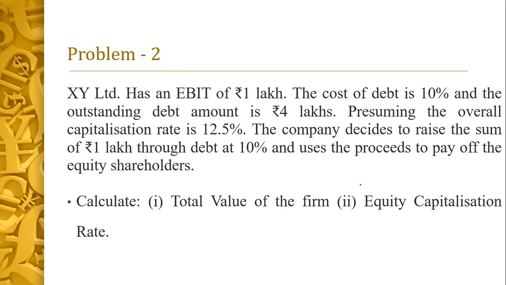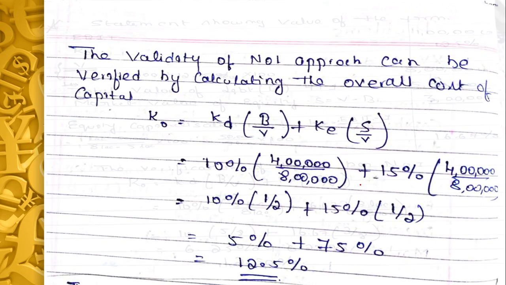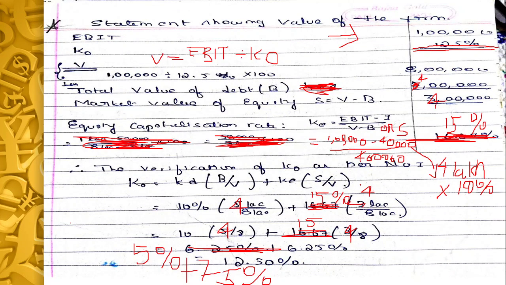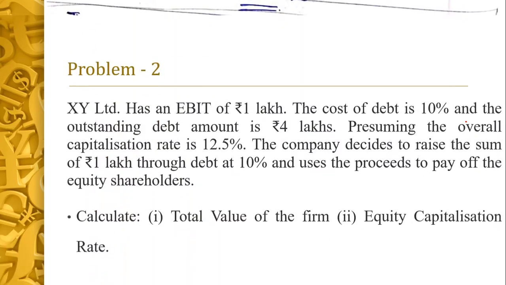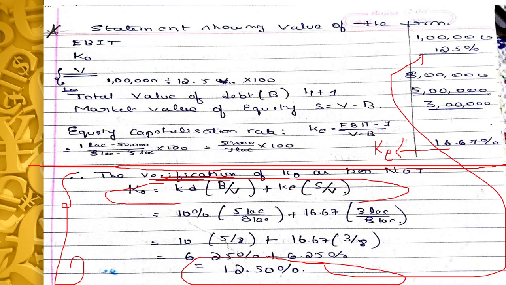See this problem here. The equity capitalization rate was 15%, correct? But when you increase debt from 4 to 5 lakh, what is the equity capitalization rate? 16.67%.